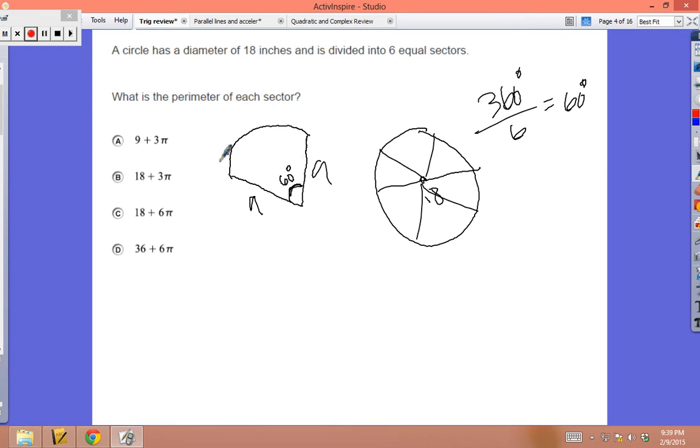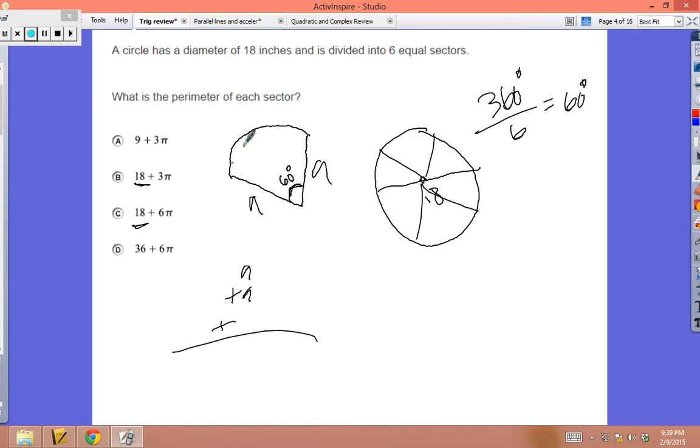Okay, now the perimeter is going to be the way all around the edge of this shape. So I've got 9 plus 9 is 18. So far B and C are looking good. So 9 plus 9 is going to be 18. Plus I need this arc length right here.